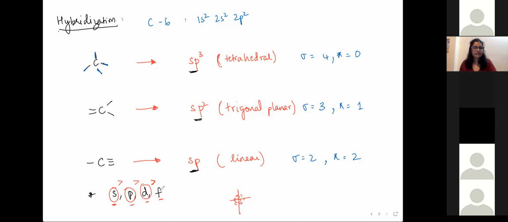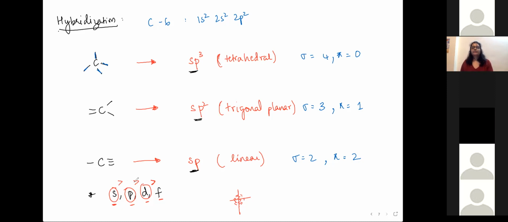S, I'm saying S. If the shielding effect is more, it will attract more. It's not directly related to the shielding effect, but the reasoning behind the shielding effect is the same as the reasoning behind the electronegative nature. You can think of it that way.